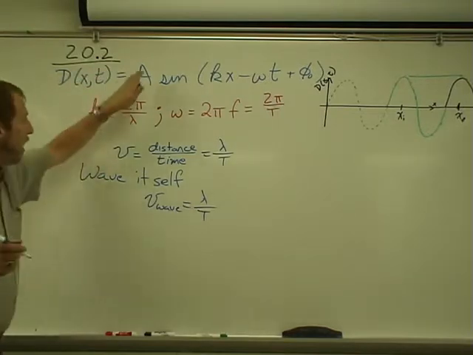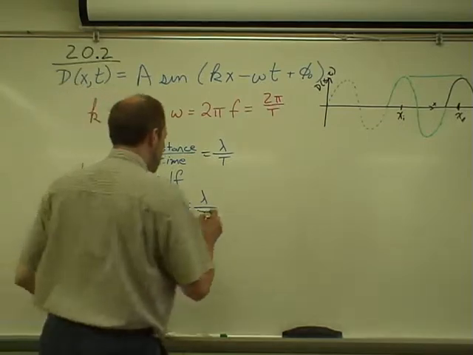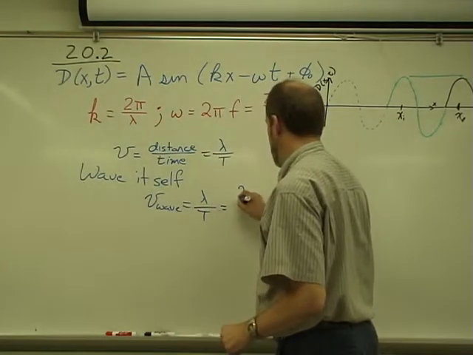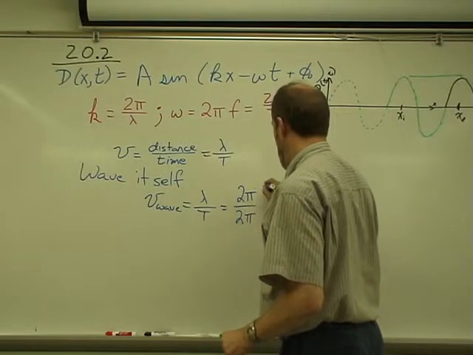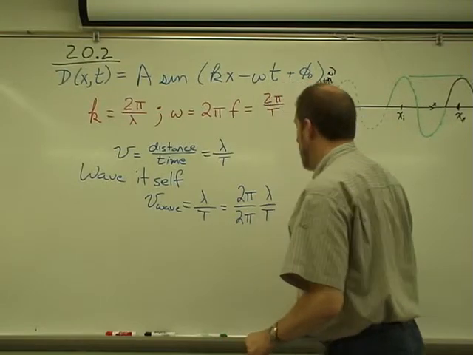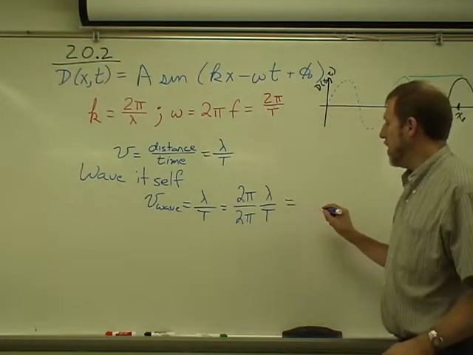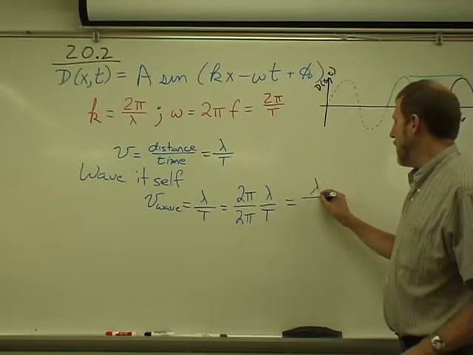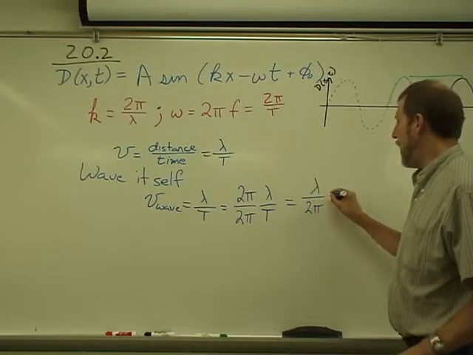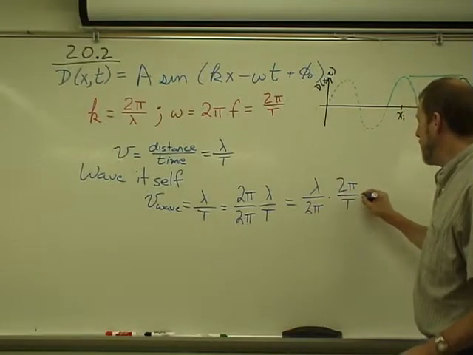If we look at this, okay, let's see the velocity of the wave. Suppose I multiply this by 1, which I'm allowed to do, and then shift that just a little bit, so I have lambda over 2 pi times 2 pi over the period.